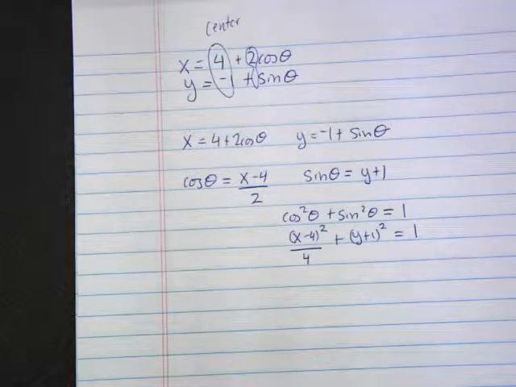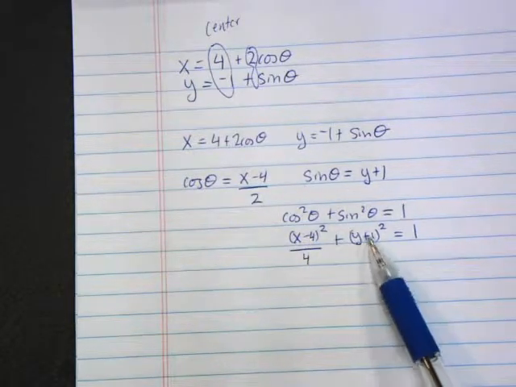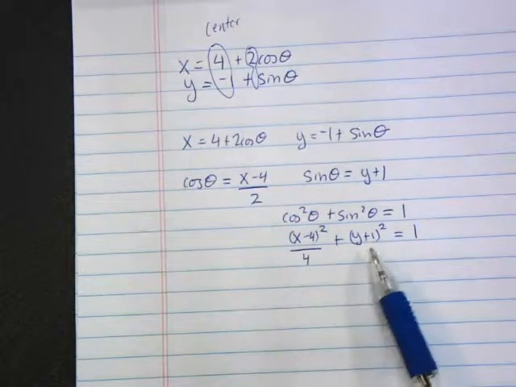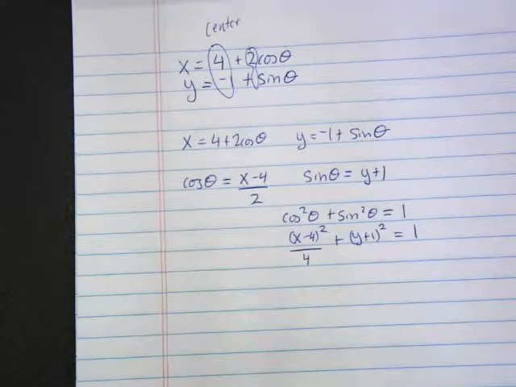And is that one of our equations of an ellipse? Yeah, it has x minus h squared, y minus k squared, a squared on bottom, b squared on bottom, b squared would be 1, equals 1. Questions on that?